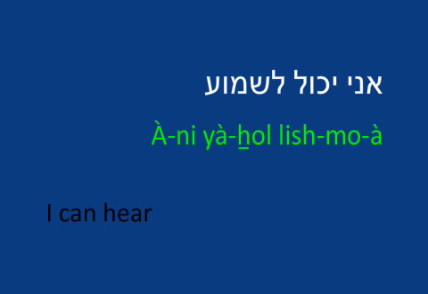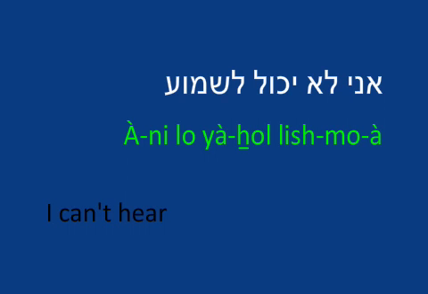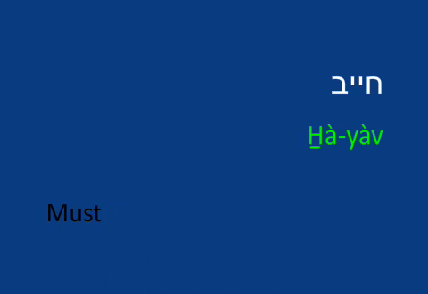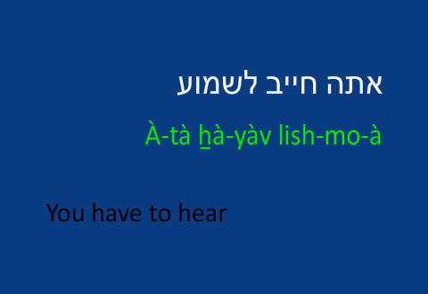And in the negative, to say I can't hear, ani lo yachol lishmoa. Super. To say must or have to, we say chayav. So you have to hear or you've got to hear would be ata chayav lishmoa. Good work.